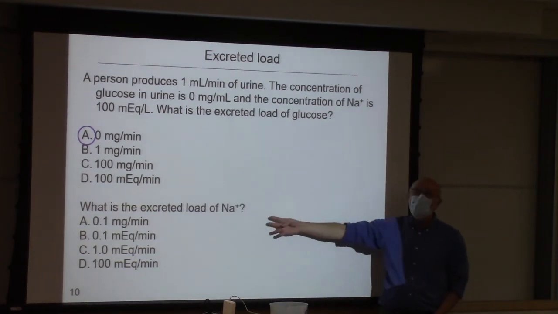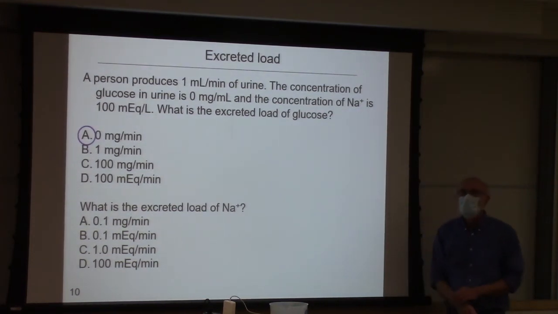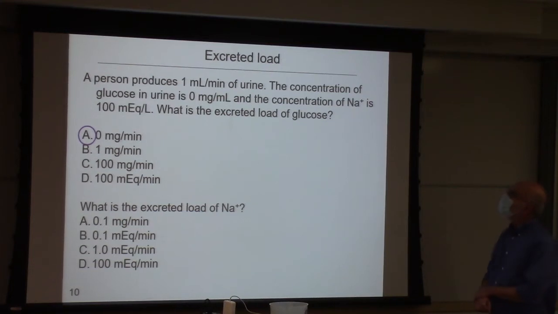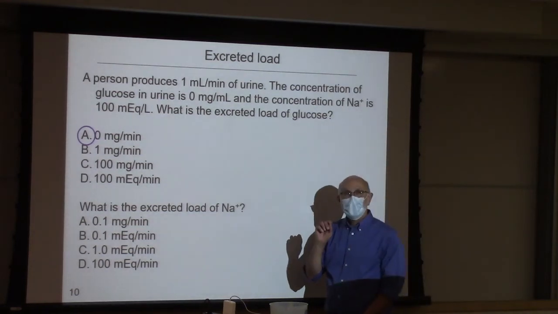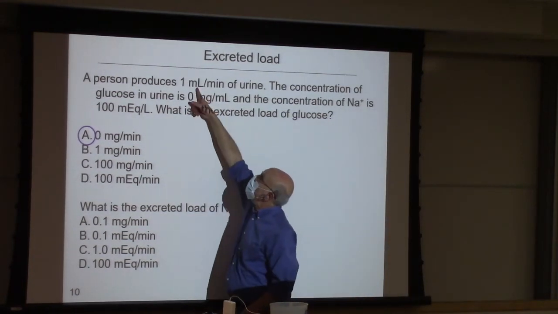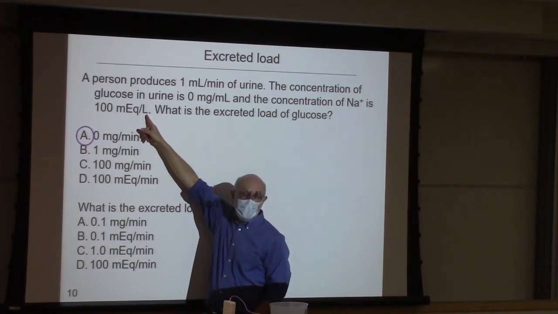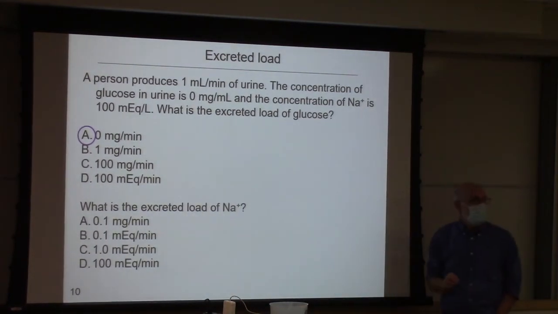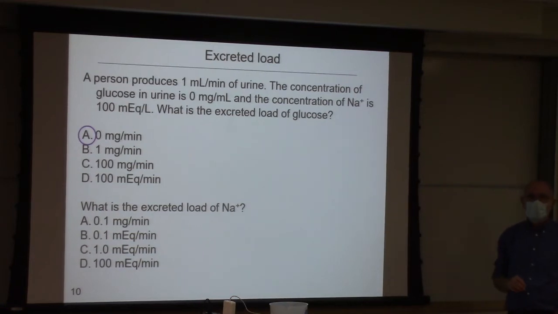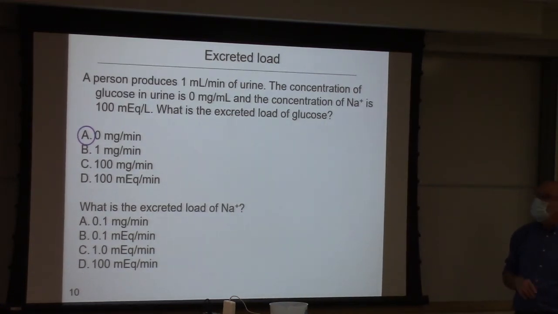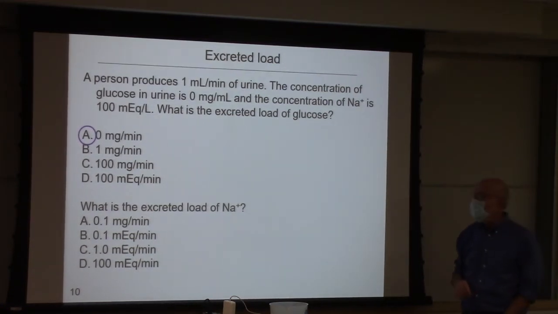What is the excreted load of sodium? Now I have to admit that you have to do a little bit of arithmetic. Mils per minute, milliequivalents per liter. Don't let the units trip you up. This one's pretty straightforward, but there's going to be another curveball coming at you later on.